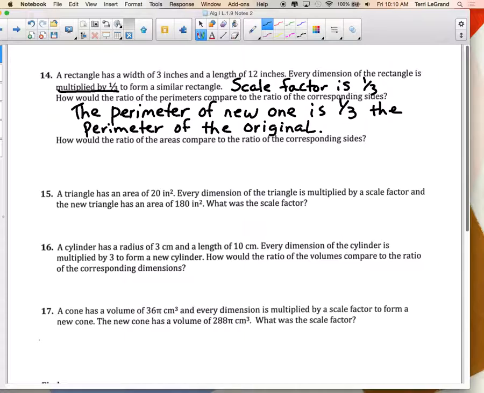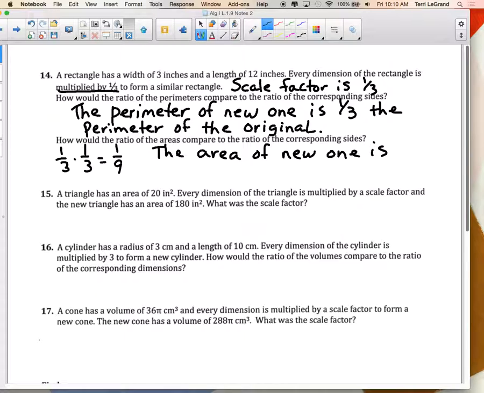We're supposed to do what with that 1/3? Square it. So let's just show that. 1/3 times 1/3 is 1/9. So tell me then, the area of the new one is what? 9 times smaller, or 1/9.